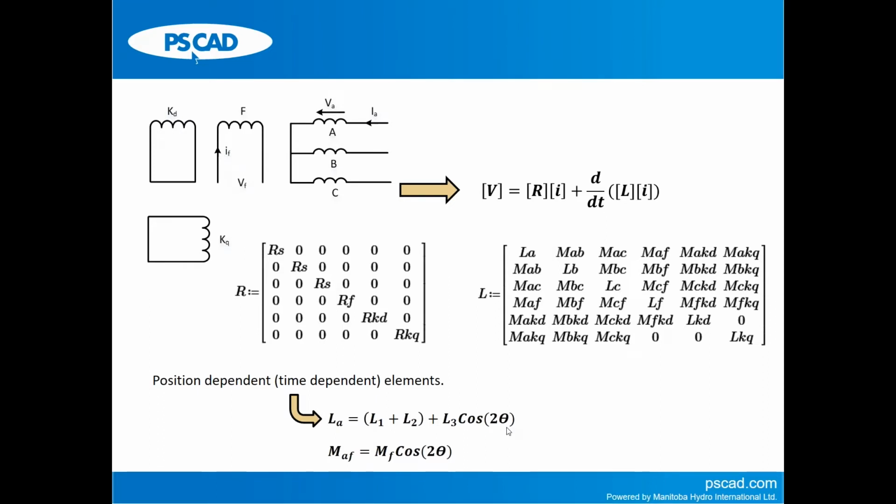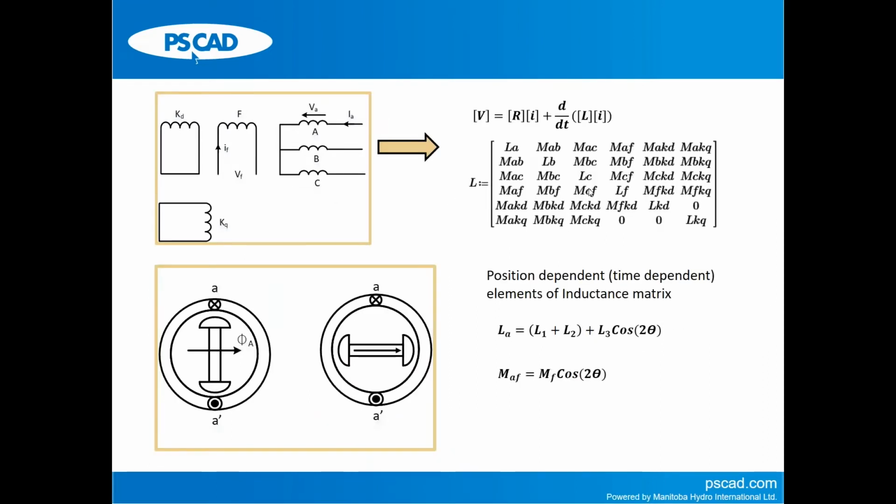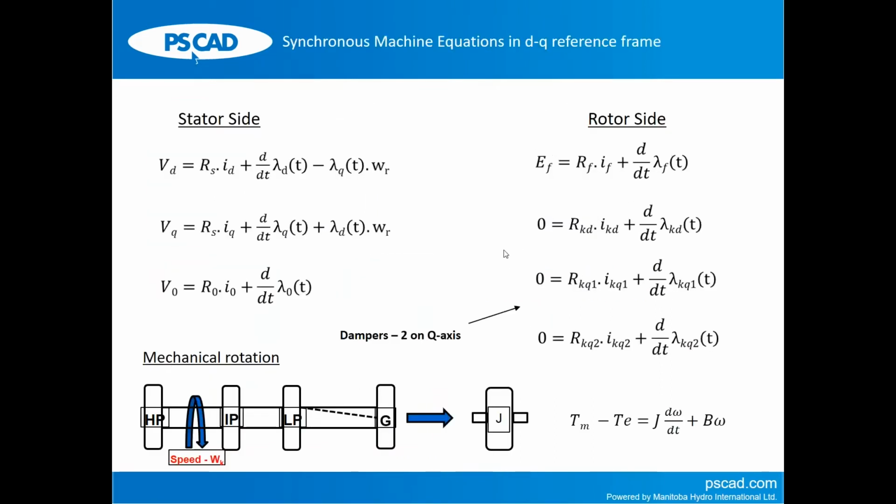So you must have the position of the rotor in order to solve this equation. The mechanical structure of a thermal generator or a hydro generator is pretty complex. There are a number of masses. The generator is a huge mass. Then there are the turbines, which introduce mass sections, and they are all connected by shafts.